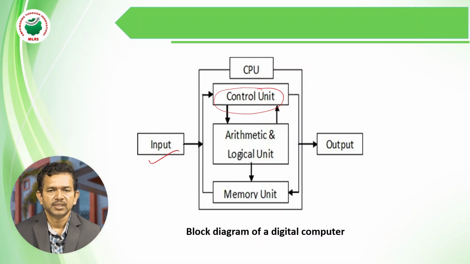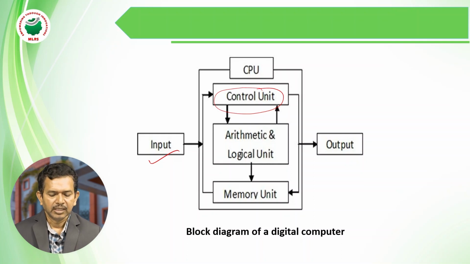Then the CU will get hold of the result and transfer it to the monitor or the output unit, because ALU doesn't have the capacity to transfer the data to the output unit. So CU has to take care of all the instructions which are executed. It has to transfer the output to the monitor.